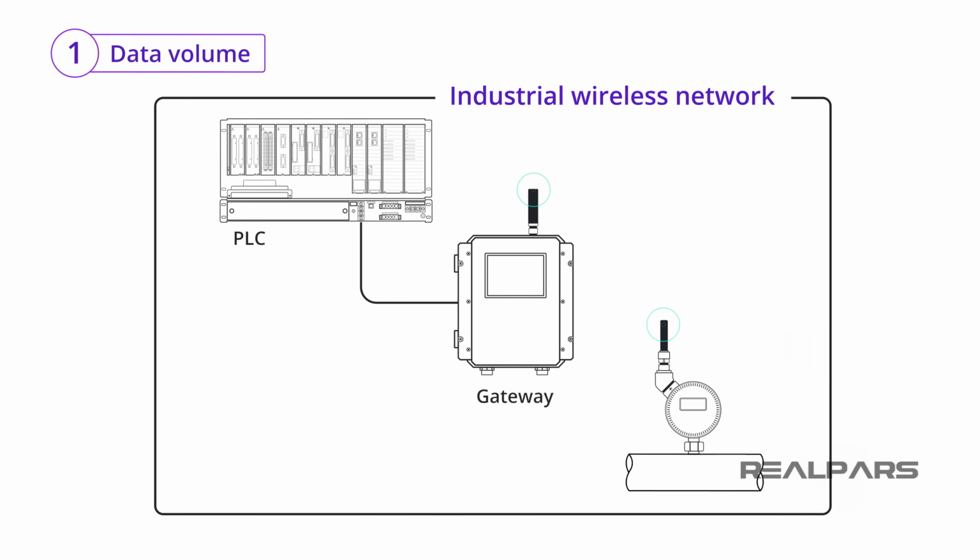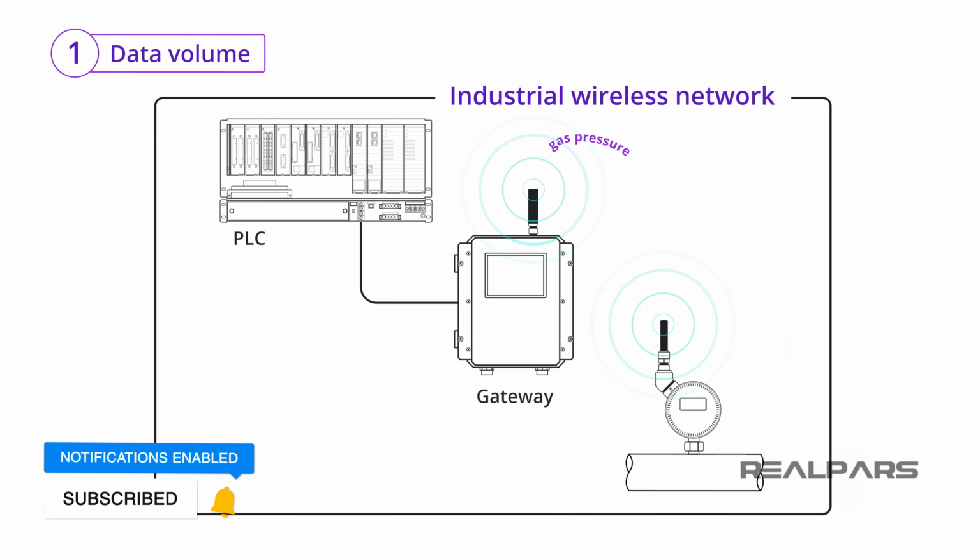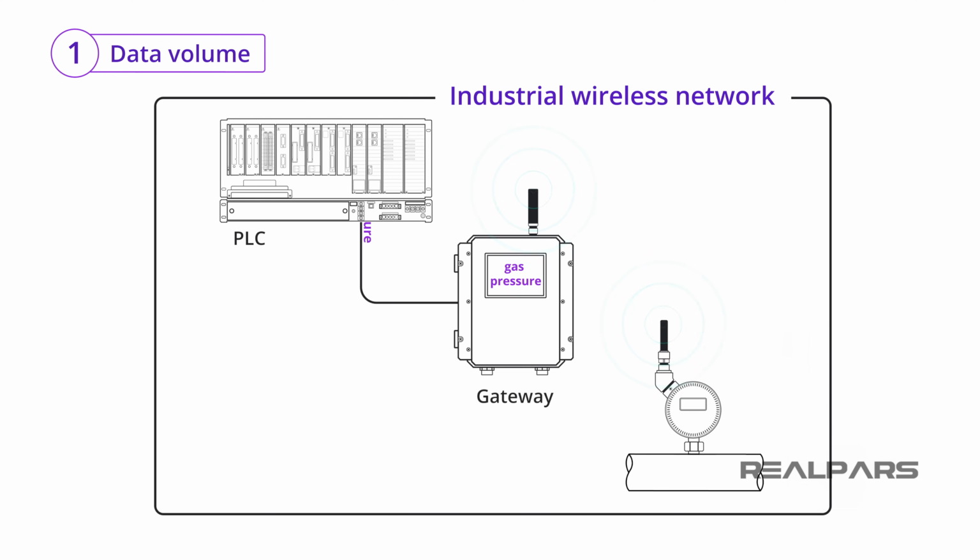In contrast, an industrial wireless system is designed for devices that only need to send and receive a small amount of data. An example is the small amount of data that a gas pressure sensor in an industrial process needs to send to the controller. The data exchanged may be as simple as a tag name and process variable.